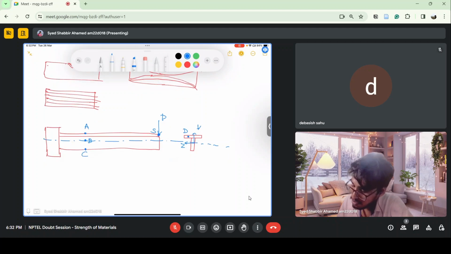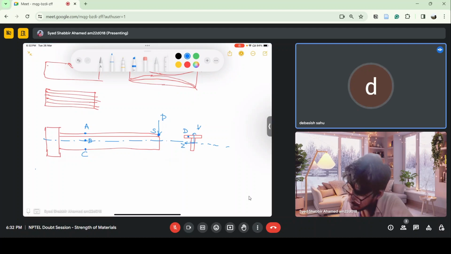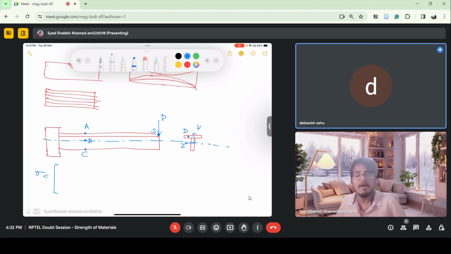So how does the stress tensor look for point A? For point A, only the shear stress is zero. The stress, sigma, in the y and z directions is maximum at the top, that is tensile, positive, and at C it is negative.